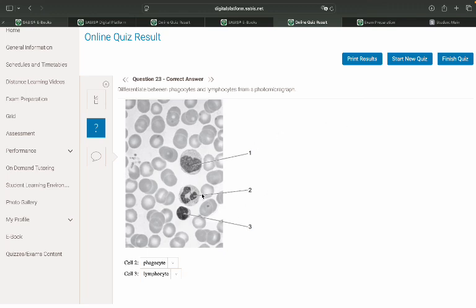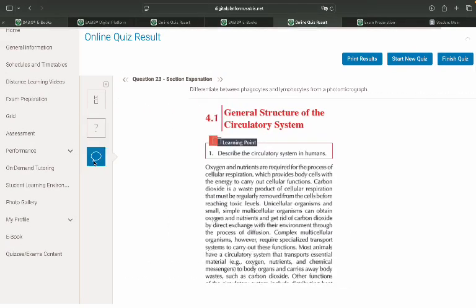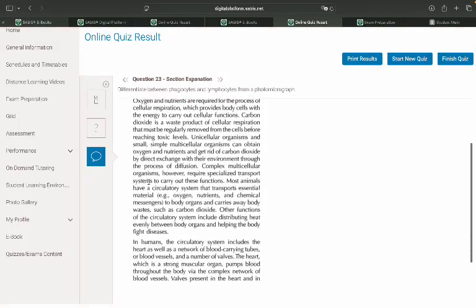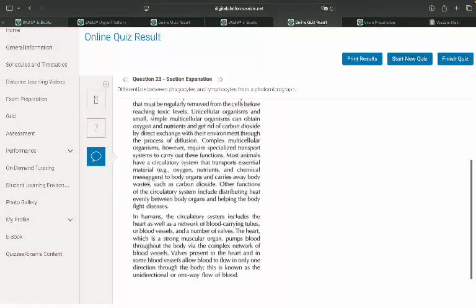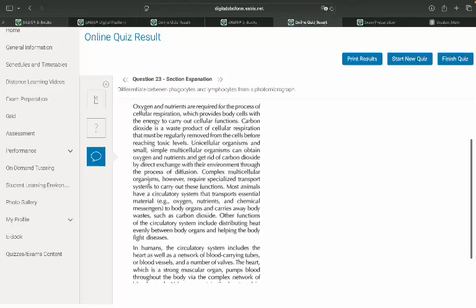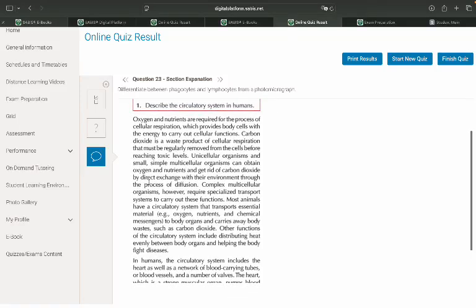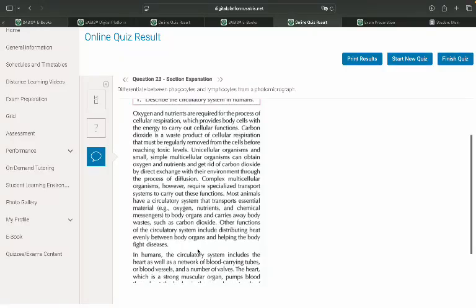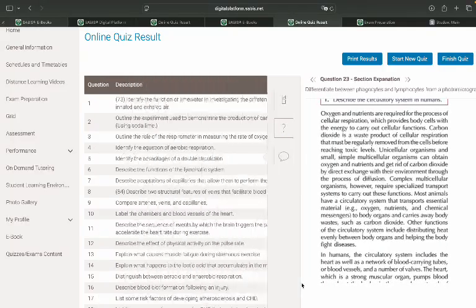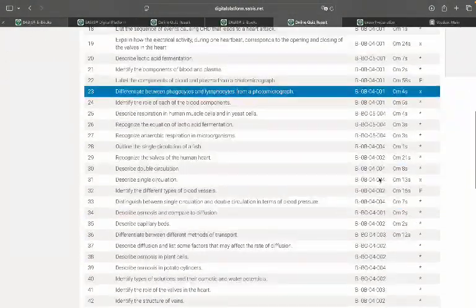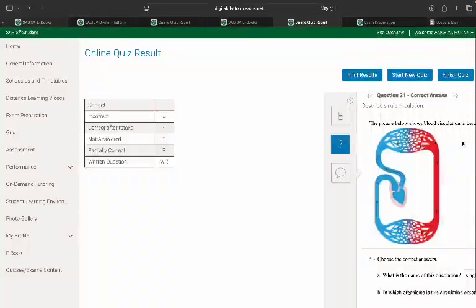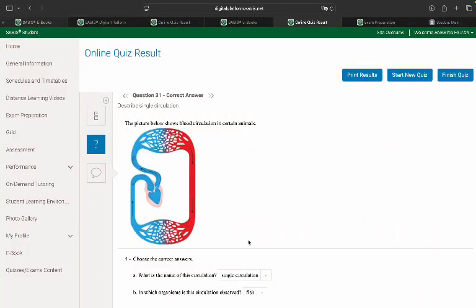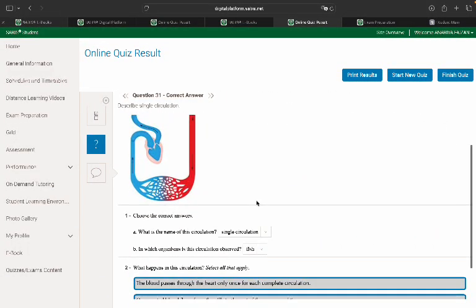Now, cell 2 is a phagocyte and cell 3 is a lymphocyte. I don't think they've mentioned it here. But just memorize the diagrams they give in the quiz because they're most likely to ask you about that and you might not know them, so just memorize it.